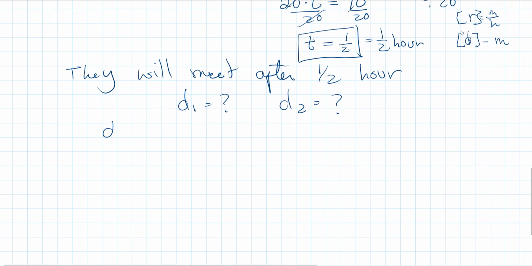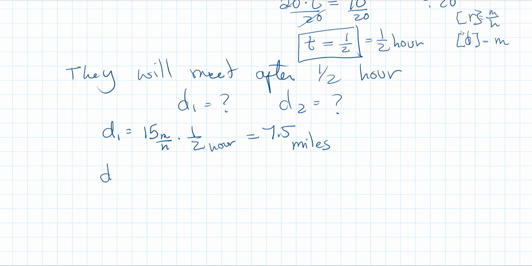So D1 equals 15 miles per hour times a half hour, which equals exactly 7.5 miles. D2 equals 5 miles per hour, D2 is the distance that George traveled, times half, which is just 2.5 miles.